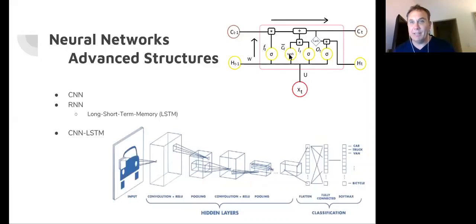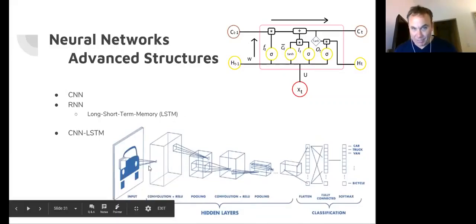This is what an LSTM looks like as far as the math goes. Extremely complicated. We will go into that. It's a recurrent neural network with one particular added thing that gives you this long short-term memory neural network.